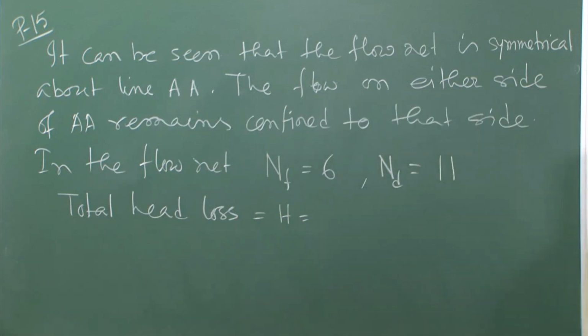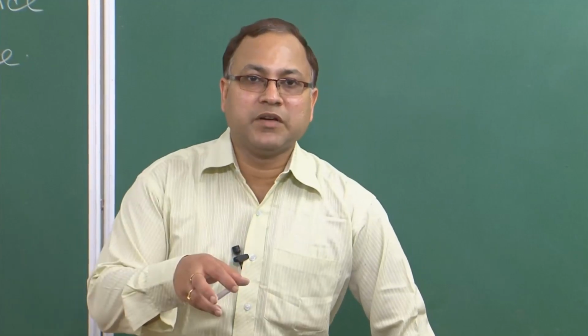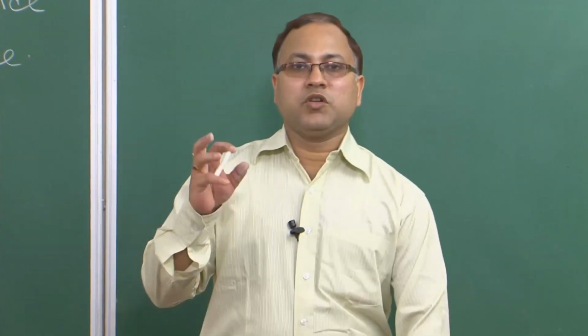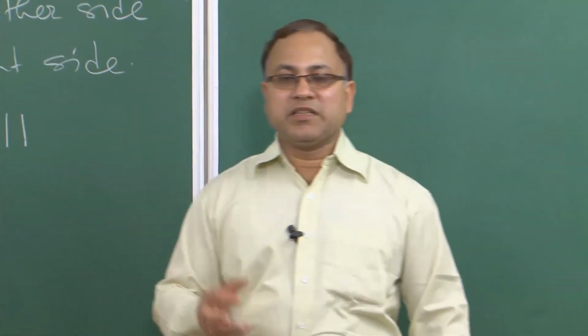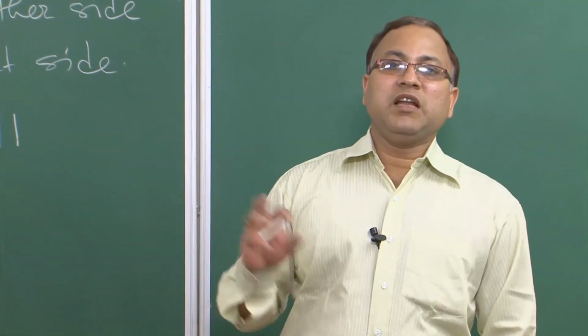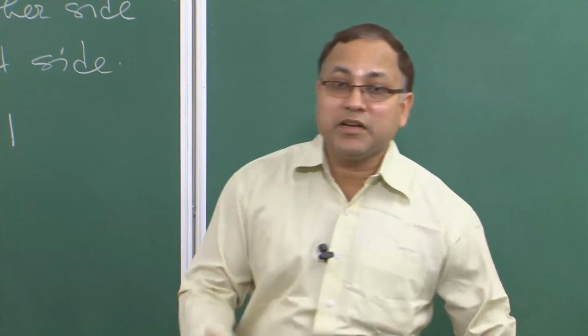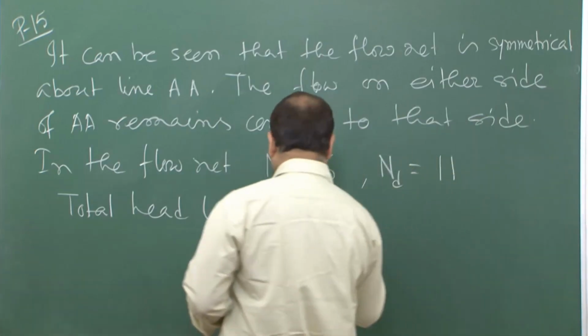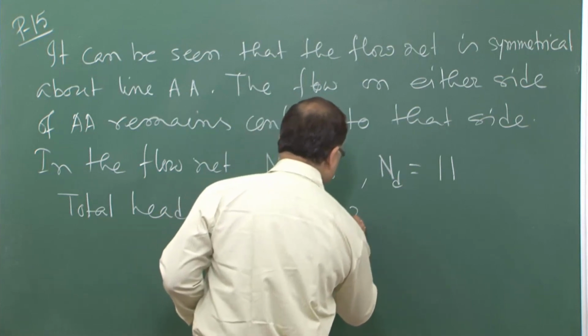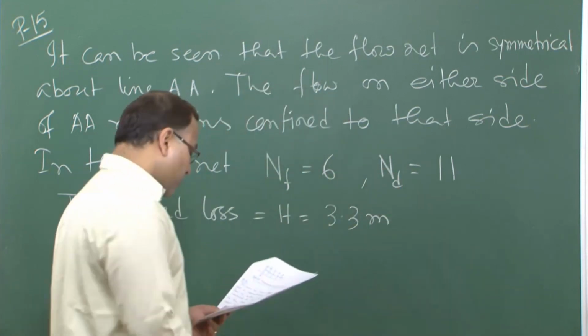That is the difference between the upstream side top water level and the downstream side top water level. The downstream side means within the cofferdam itself, am I right. In the cofferdam itself, you do not have any water level, because you want dry working condition. So, H is nothing but 3.3 meter as shown in the problem itself.